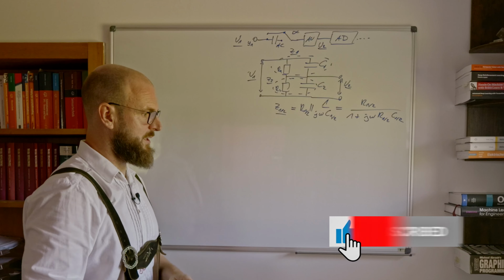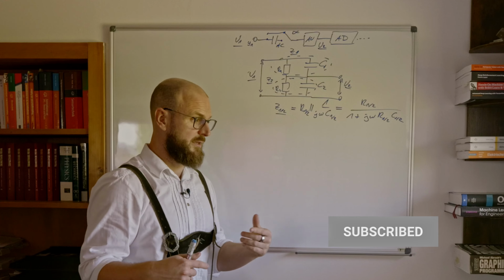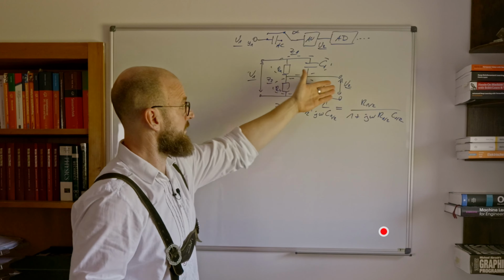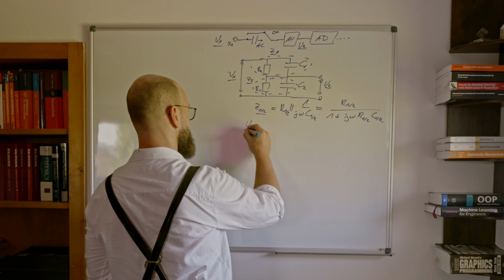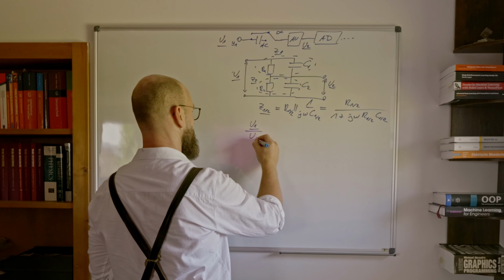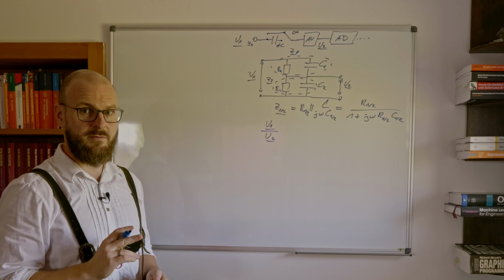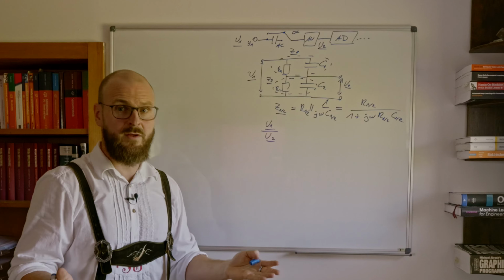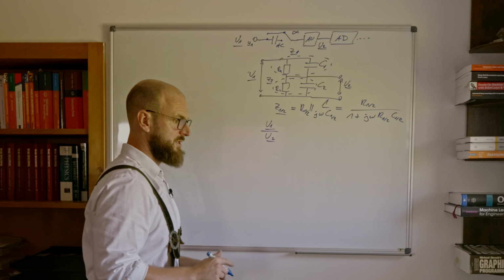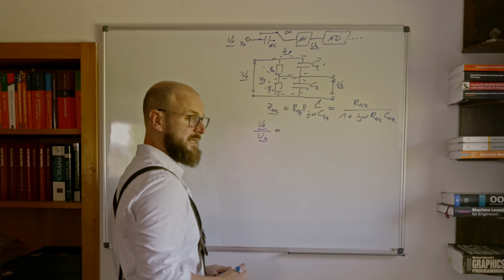That's a normal voltage divider, and we take the voltage supplied by U2. So what we are interested in is the ratio of U1 to U2, the complex ratio. Those are complex voltages because we deal with alternating currents and voltages. Now, that's quite clear.